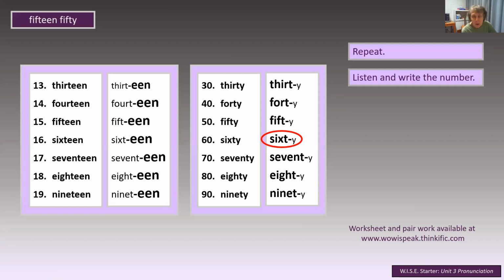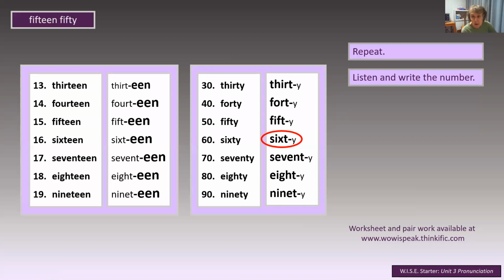Number 4, 30, 30. Number 5, 14, 14. Number 6, 50, 50.